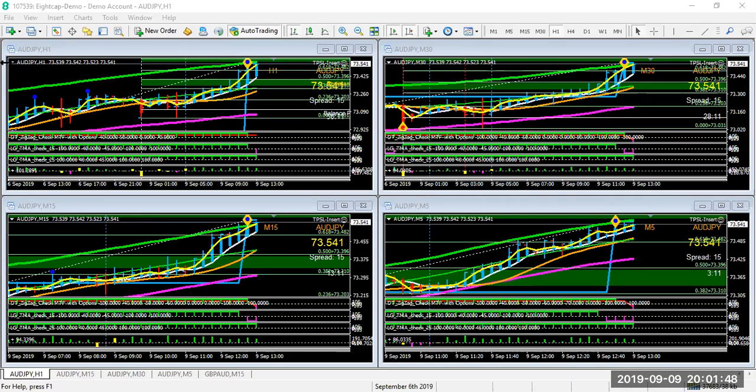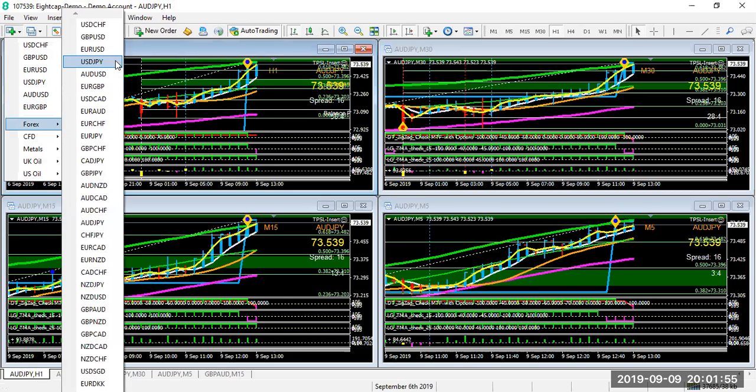Okay, so what do I mean by that? Well, if I go to File, I go to Forex, the major crosses, things like US Swiss, usually there's 5, and then our minors. Minors would make up the majority of the second tier of the most traded currencies.